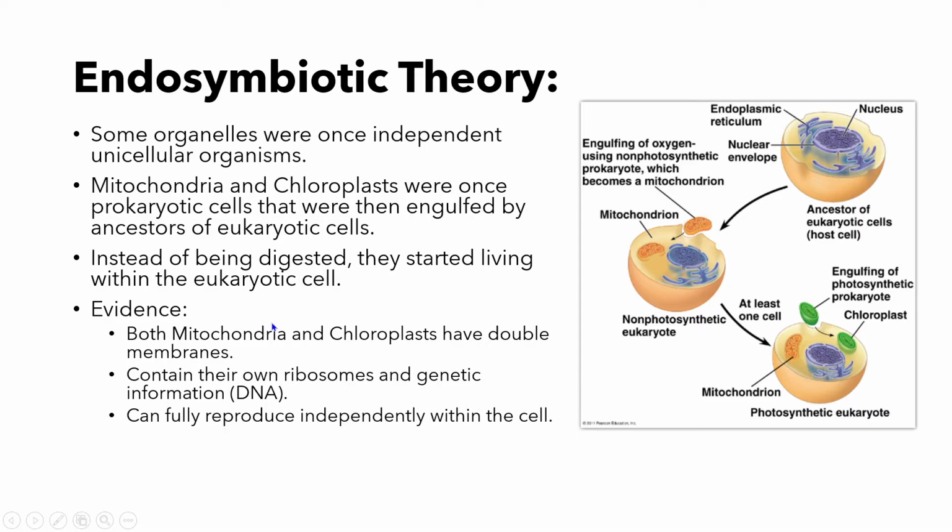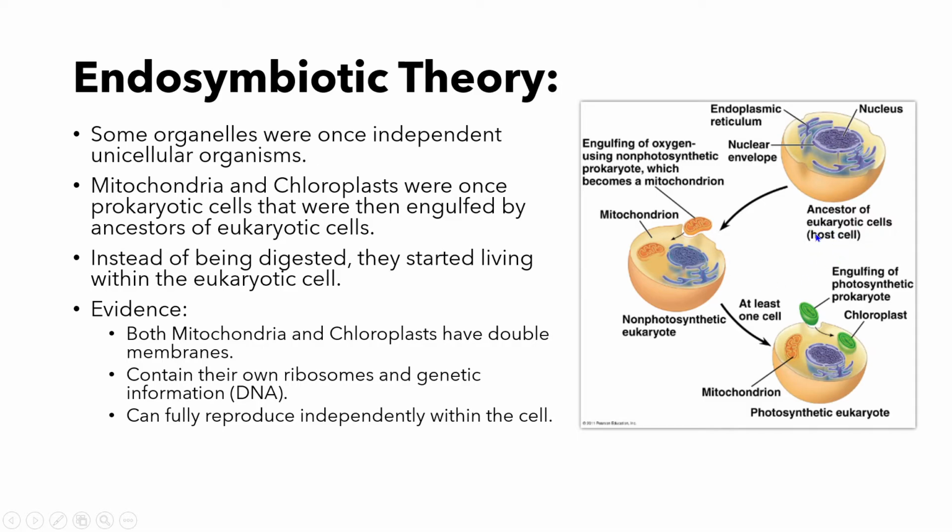You can see in this diagram here, you have a host cell, which is an ancestor of eukaryotic cells, and we have a prokaryote, which is not a mitochondrion yet. This eukaryotic cell engulfs that prokaryote, and that prokaryote becomes a mitochondrion as it forms a symbiotic relationship with the eukaryotic host.